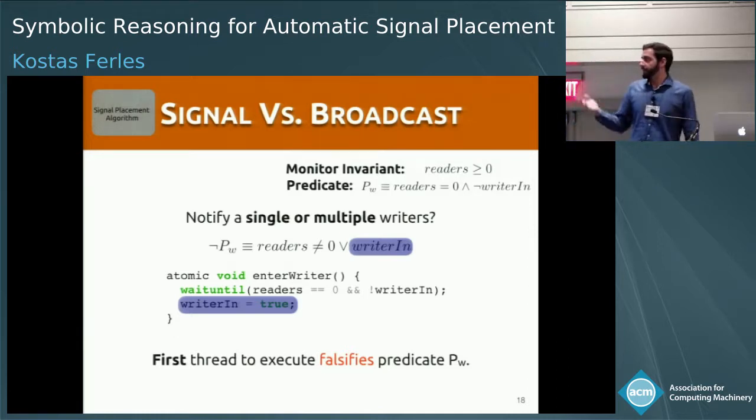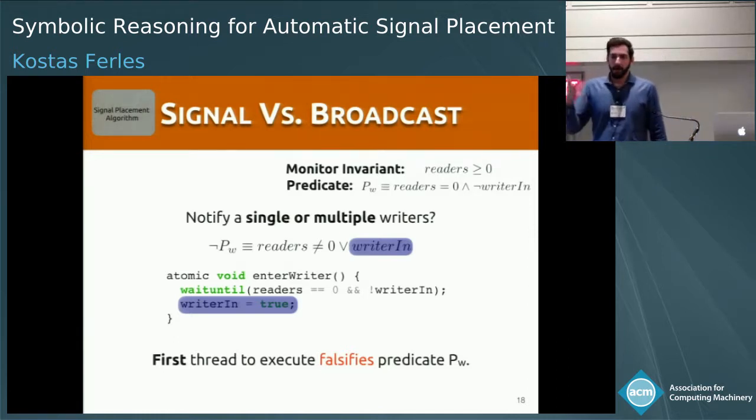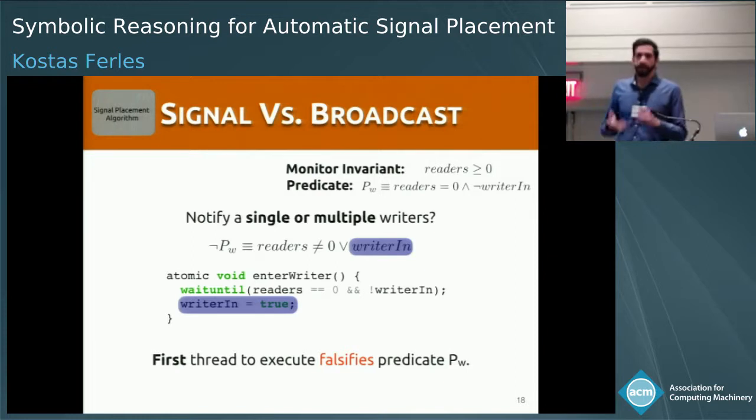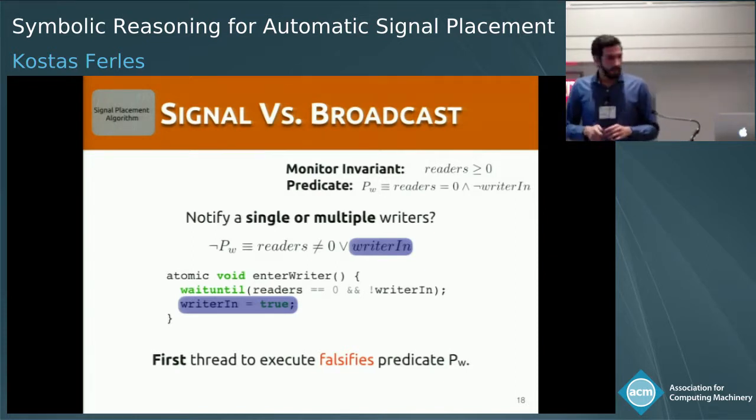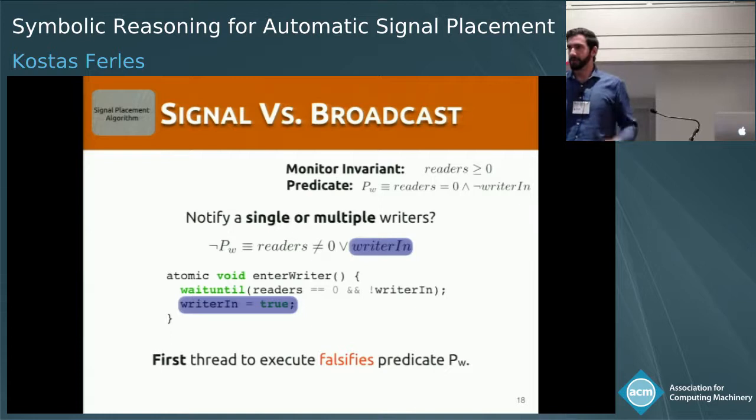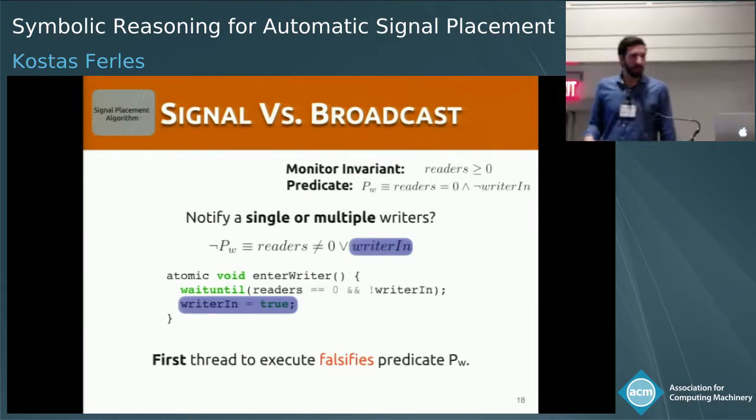Therefore, our algorithm can safely infer that whenever we have to signal a writer thread, just the signal operation is sufficient. If such a condition doesn't hold, our algorithm is going to conservatively choose to use a broadcast operation.